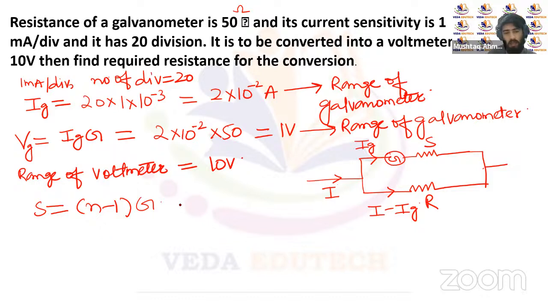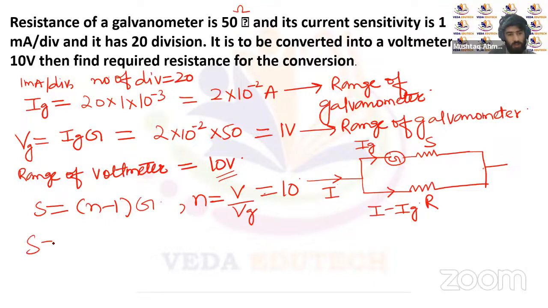What is this n? n is the ratio of voltages, that's V upon Vg, right? So it has to be equal to 10, because V is 10 and the range of the galvanometer is 1 volt, so 10 upon 1 will be 10, right?